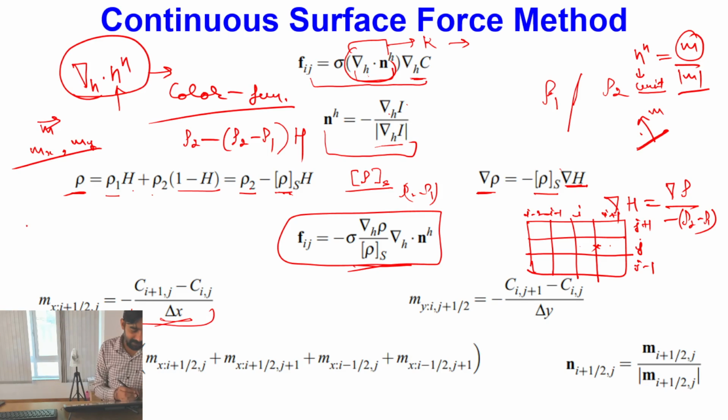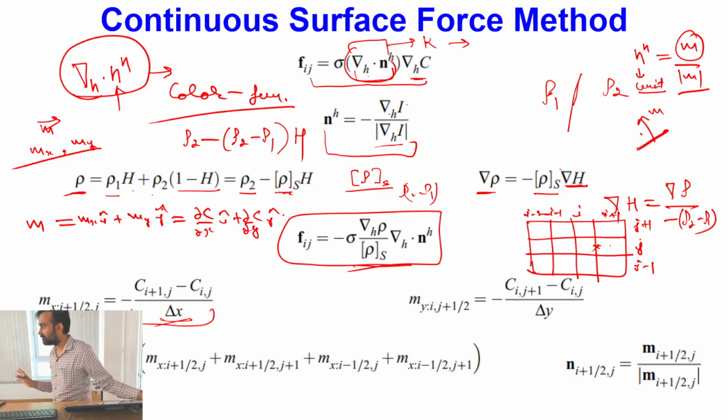Because if you recall from the previous discussion, the M vector, which is Mx i plus My j, was nothing but equal to minus del C by del x i plus del C by del y j. All are clear with this point? This we have done in interface reconstruction. So that's why Mx is nothing but simply minus del C by del x.